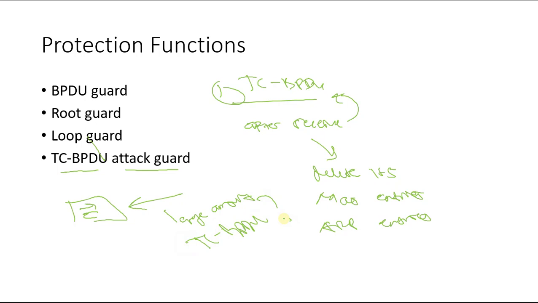As a result, the switching device is heavily burdened, rendering the network rather unstable. So this is very dangerous if there is a TC BPDU attack coming into our switch. We must configure TC BPDU attack defense, or TC BPDU attack guard. Make sure you configure that TC BPDU attack guard or defense.